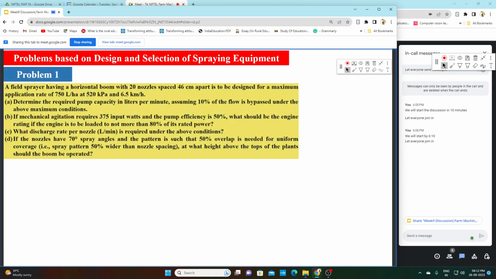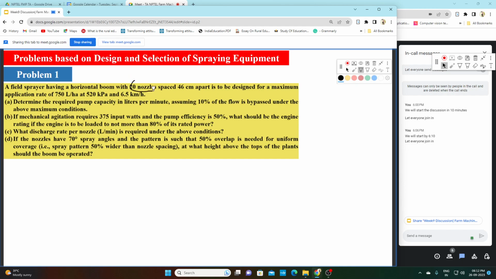So this is the first problem: a field sprayer having a horizontal boom with 20 nozzles spaced 46 centimeter apart is to be designed for a maximum application rate of 750 liter per hectare at 520 kilopascal and 6.5 kilometer per hour. So what have we been given?